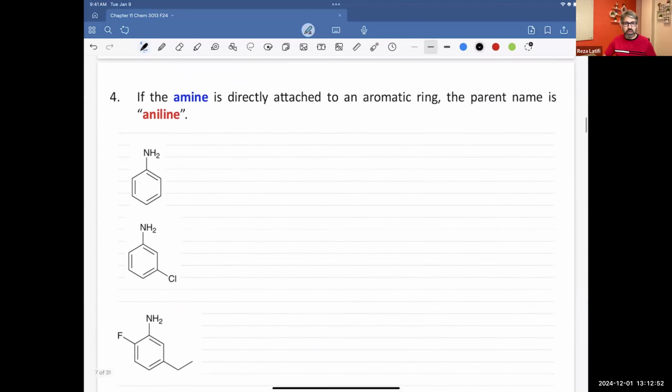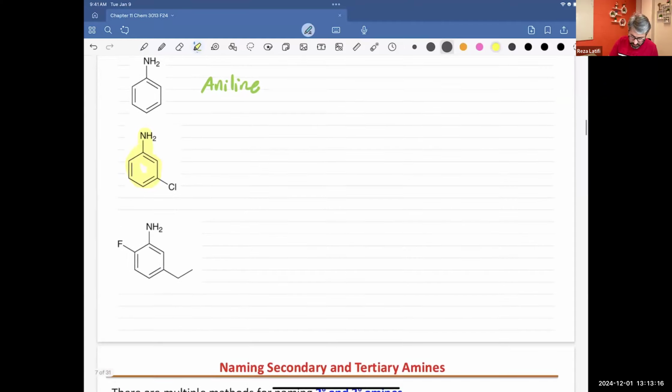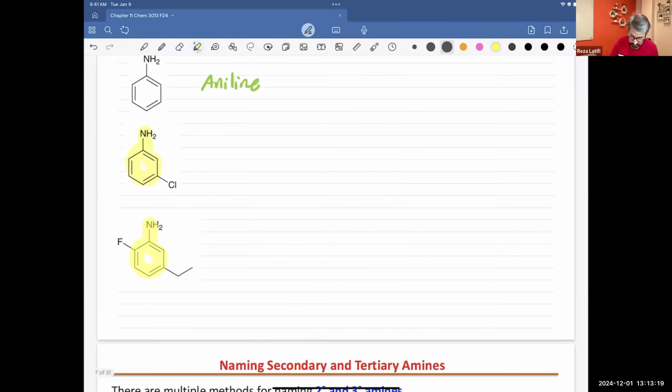Okay, now if NH2 is the only functional group attached to the ring, then you will have a molecule whose common name is aniline. You can use that one as a base and simply say where you have other substituents attached to this molecule. So in this case, my base molecule will be aniline. This one also is aniline.